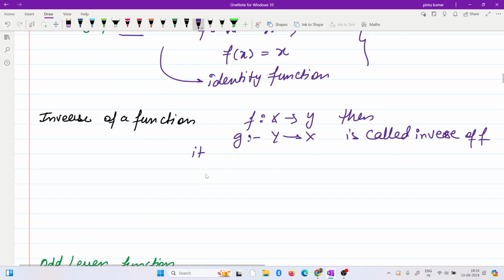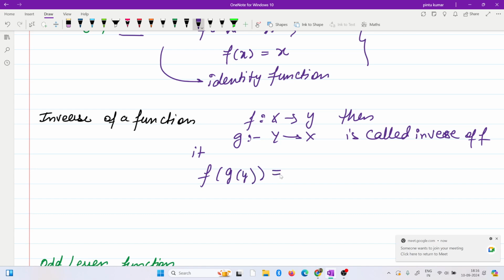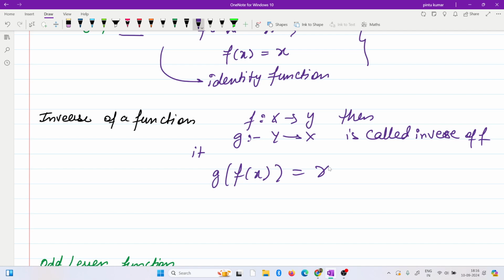The condition is that g of f of x is equal to x, or g of f of x is the identity function.